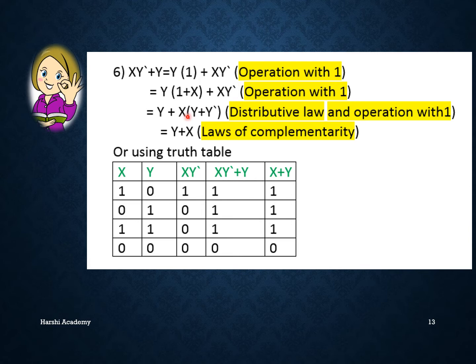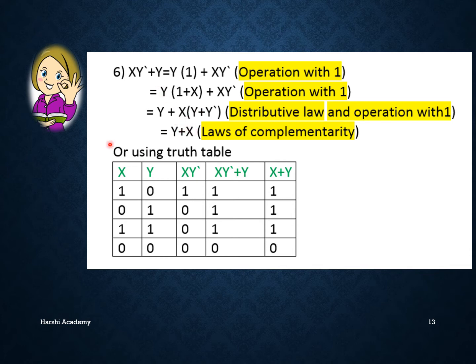Now we can take out x. Then y plus y bar equal to 1, x dot 1 equal to x. Here we use the law of complementarity. Now our theorem is verified.